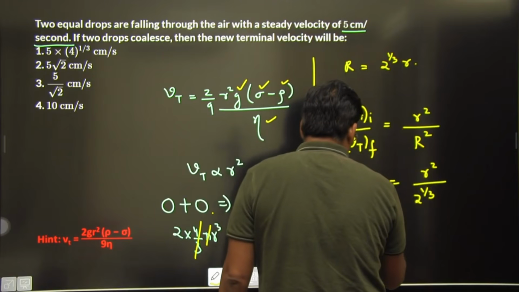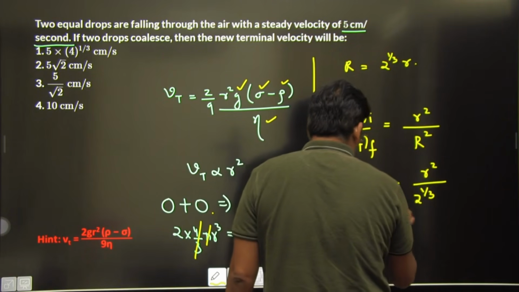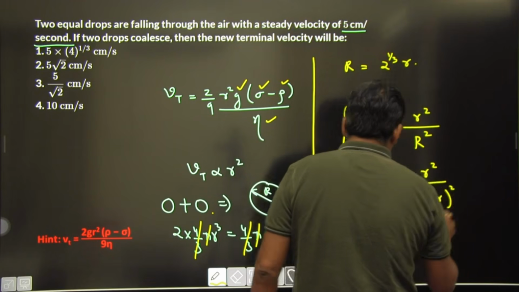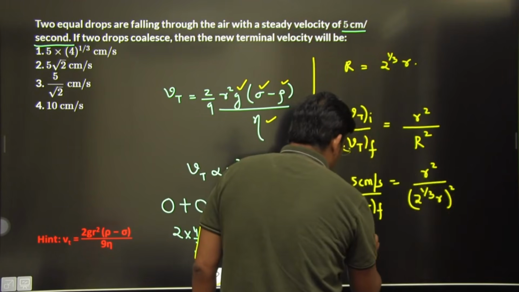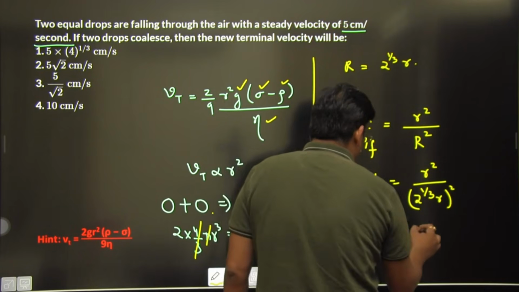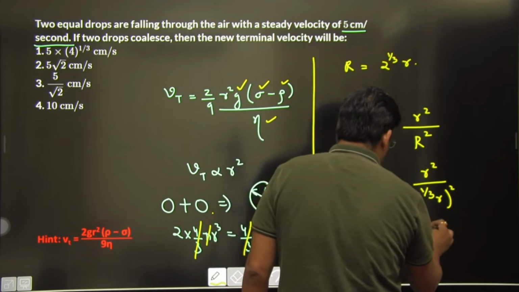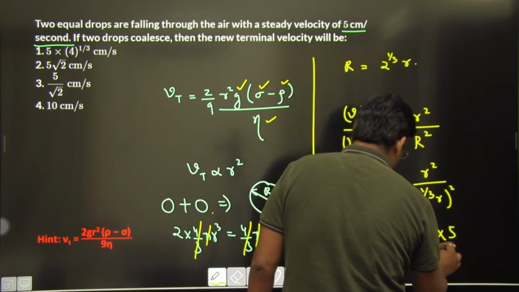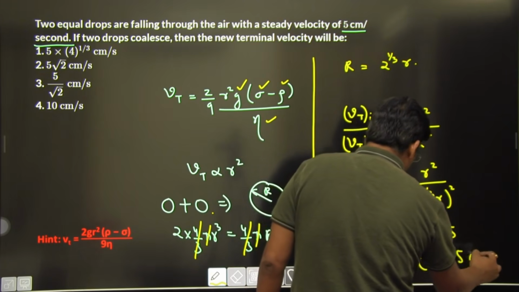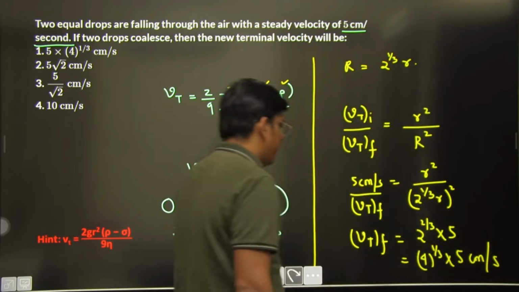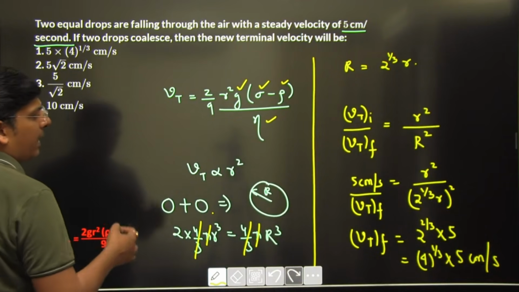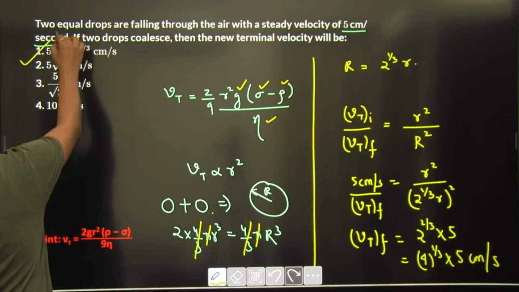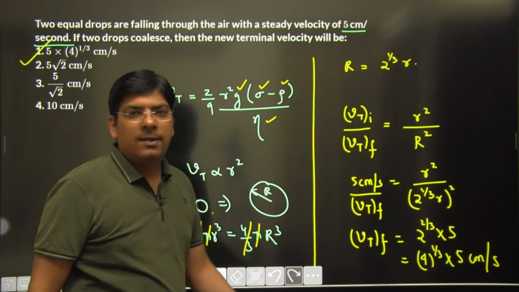We are asked to find the final terminal velocity, which is 2 to the power 1 by 3 r whole square. So the final terminal velocity comes out to be 2 to the power 2 by 3 into 5, which can also be written as 4 to the power 1 by 3 multiplied by 5 centimeter per second. So 5 multiplied by 4 to the power 1 by 3 centimeter per second is going to be the right answer. Option 1 is going to be the right answer for us.